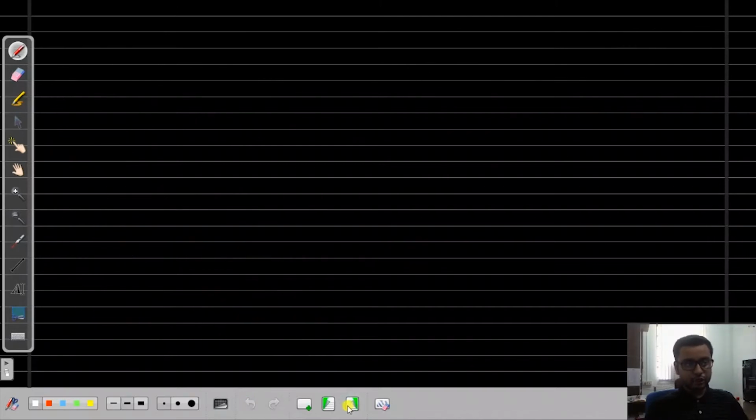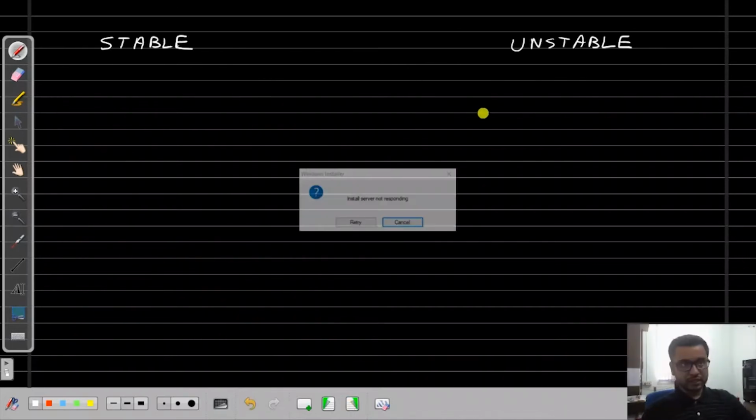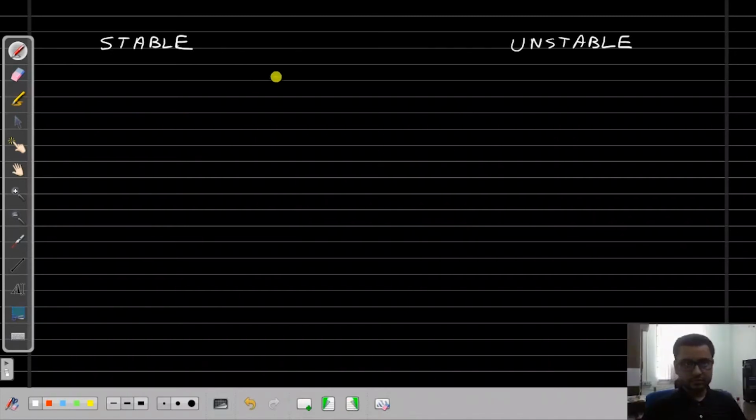Let us understand this with examples. Suppose I have a system with output y of t, which is given as the integration of the input x of tau d tau from time minus infinity to time t.